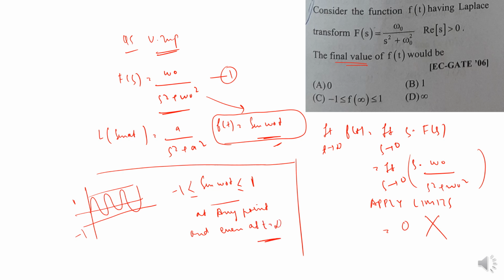So the answer to this question is C. Very important point: the value of sin omega naught t always lies between minus 1 and 1. And one more thing, seeing this equation itself, you should understand that we are talking about sin omega naught t here. I hope this is understood.